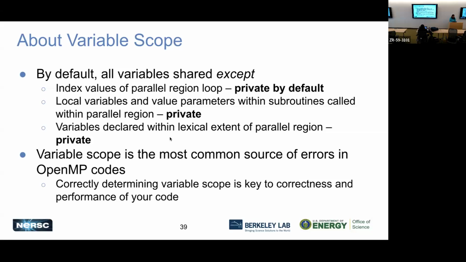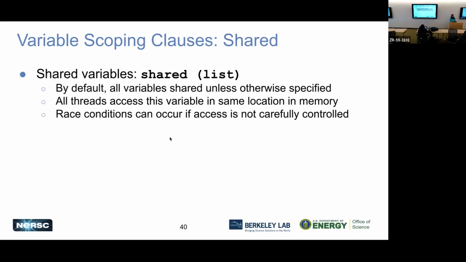But the scope is so important. So one thing we want you to do is use default. By default it's shared, right? But usually we want you to say default none to force you to think about each variable, whether it is private or shared. Then you put explicitly which variables are shared and which are private. That will help you debug. Otherwise you would have silent race conditions. It's just hard.